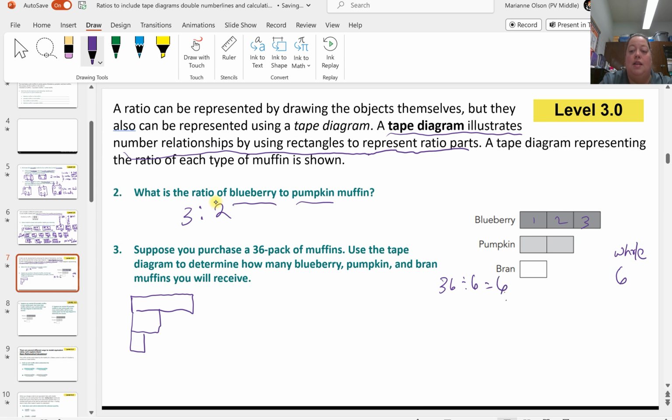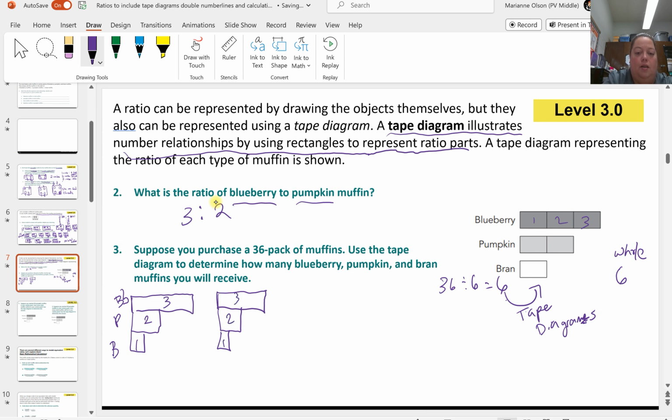So I have to do 6 tape diagrams. This is blueberry, pumpkin, bran. So 3, 2, 1. And then I've got to do another set. I've got to do 6 of these basically.